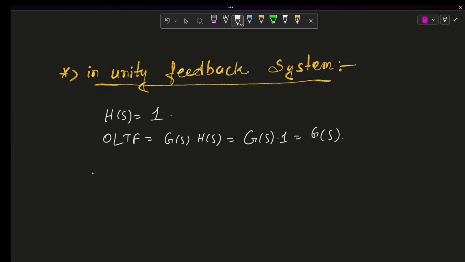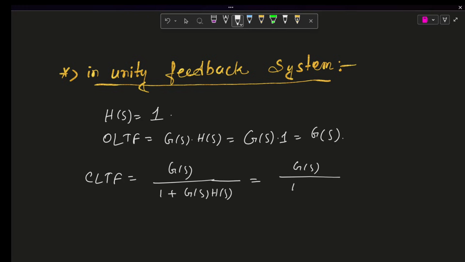So our closed loop transfer function, we know, is G(s) divided by 1 plus G(s)H(s). For a unity feedback system, the H(s) value will be 1, so the CLTF will be G(s) into 1, equals G(s) by 1 plus G(s).